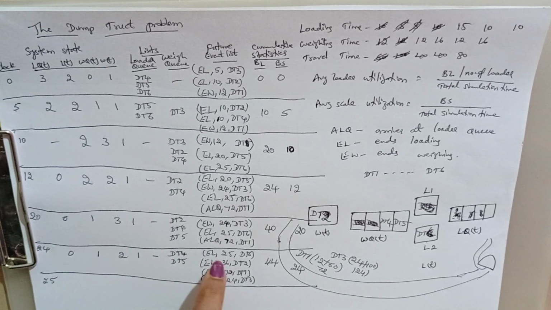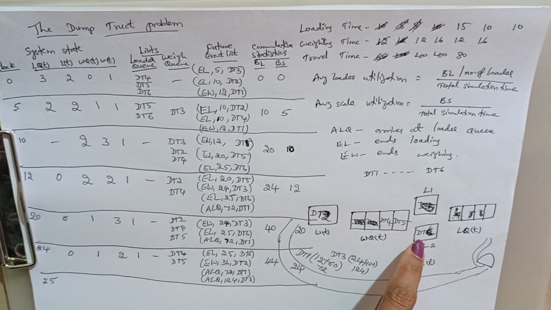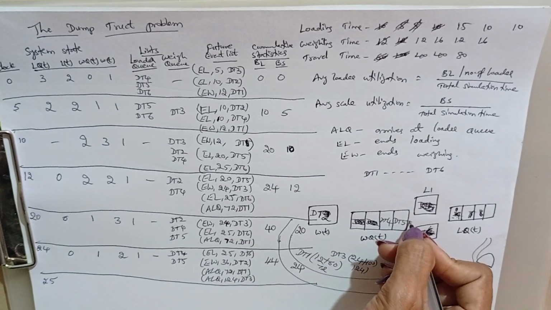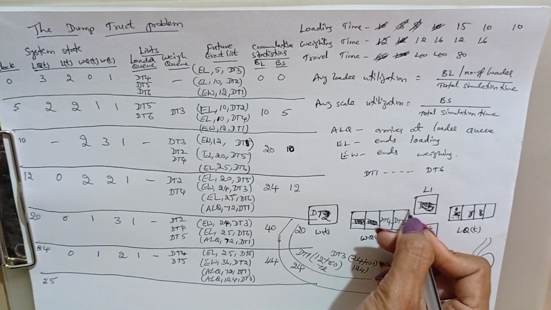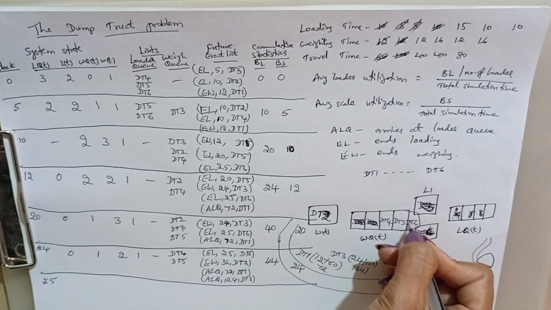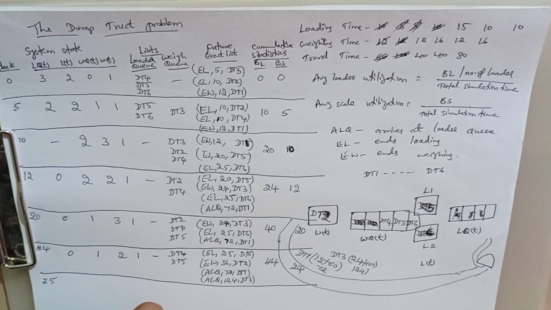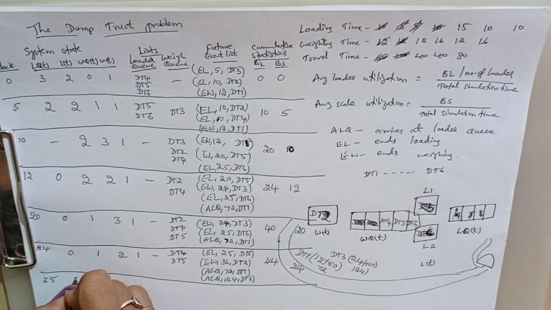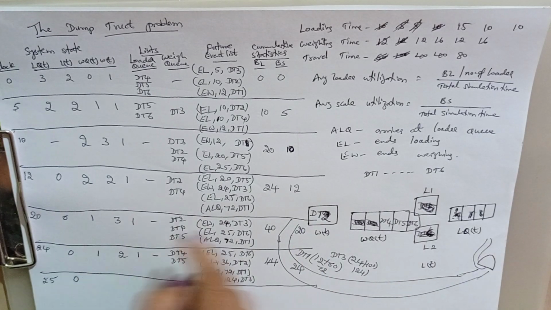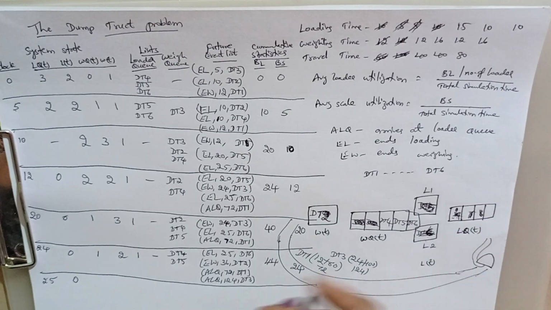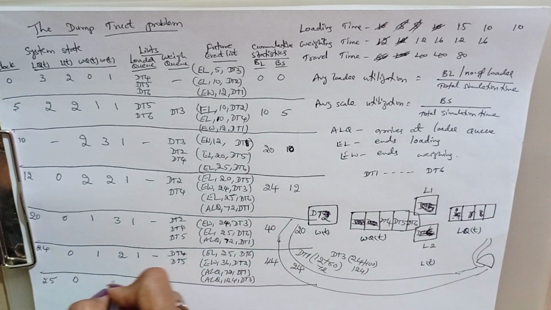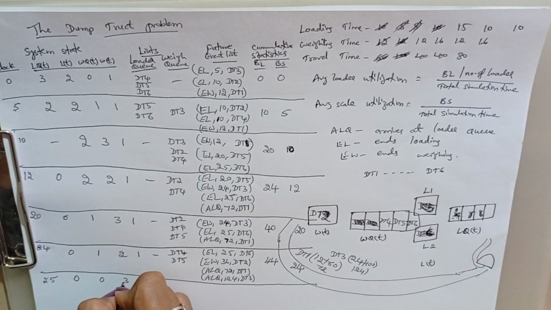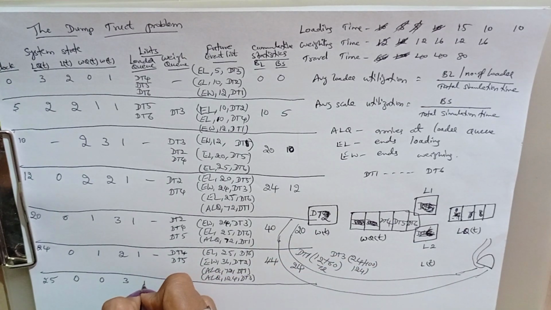At 25 what is happening? Loading is completed. Truck 6 loading is completed. Loading is completed means it will go for weighing and enter into the queue. Now write the statistics. Because already weighing bridge is busy, no trucks on loader queue and no trucks on loading machine and 3 on weighing queue and 1 on weigh bridge.